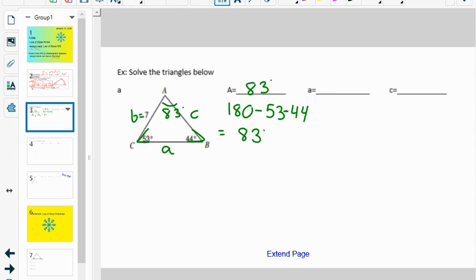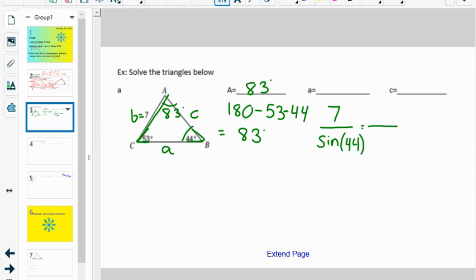Because we're dealing with a non-right triangle, we have to use the law of sines. To start with the law of sines, you have to know an angle and an opposite side. We know angle B and we know side B. So I'm going to write that as a fraction. 7 is the side over sine of the angle, which is 44 degrees, equals.